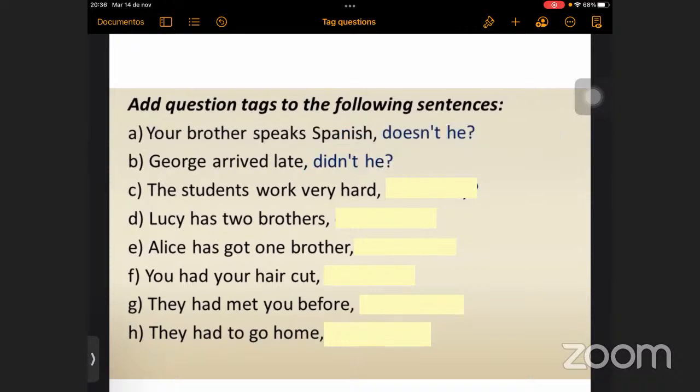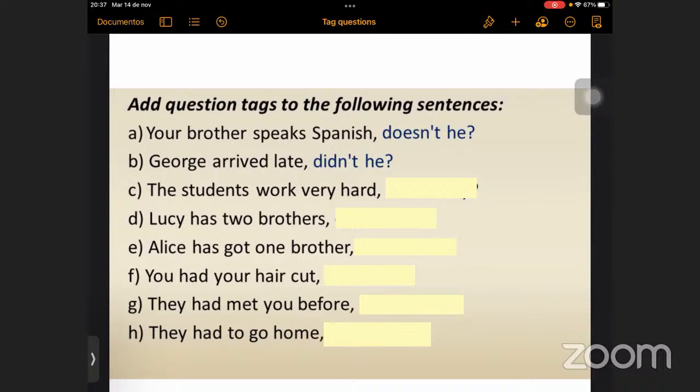Correct. The students work very hard. Identify the grammar tense.